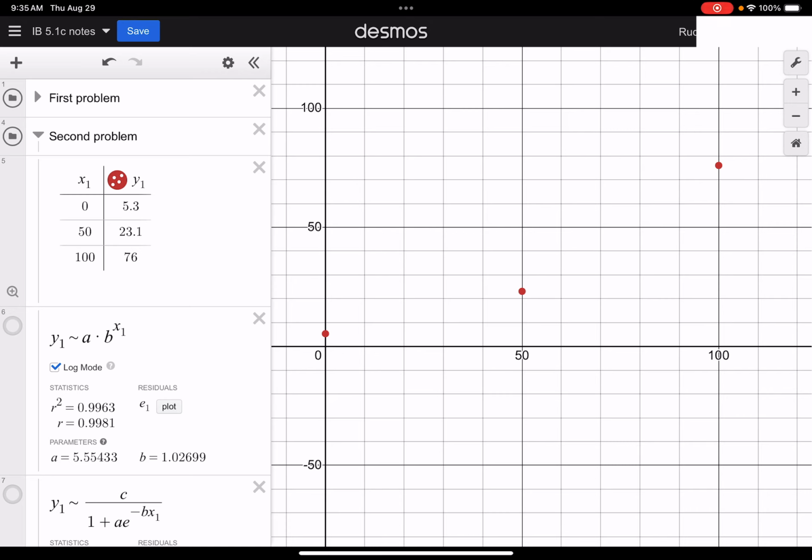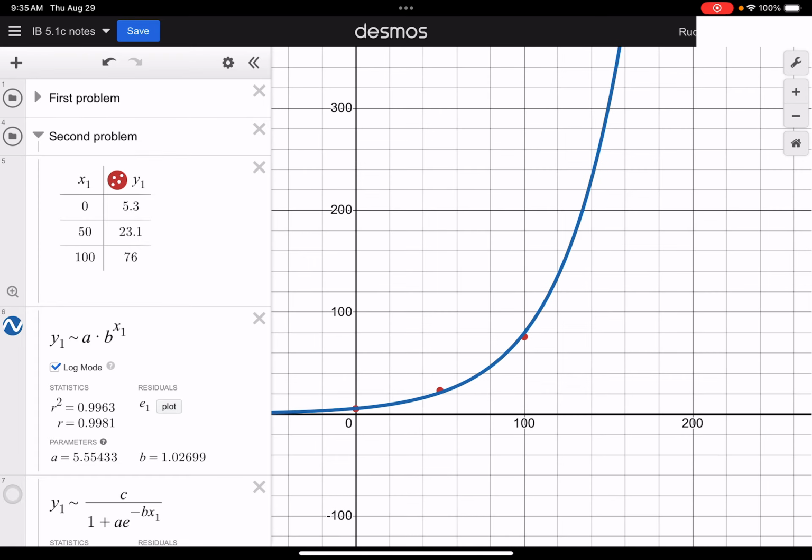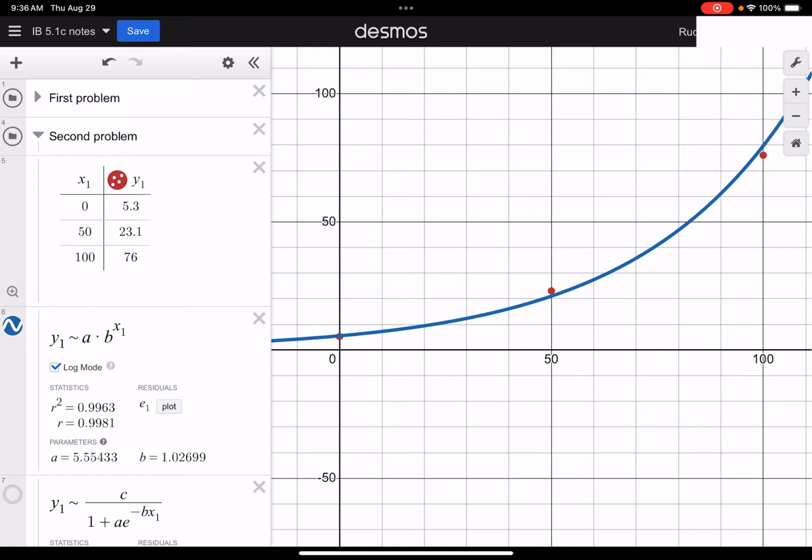So adjusting my window settings, these are the data points we've been given. If I come up with an exponential regression equation, you should get something like this. And it has a decent correlation, looking at the points, although it is just 3 points. And keep in mind, if I zoom out, at some point the population of the country won't keep growing like this. But looking at this time period, it seems like a decent model.